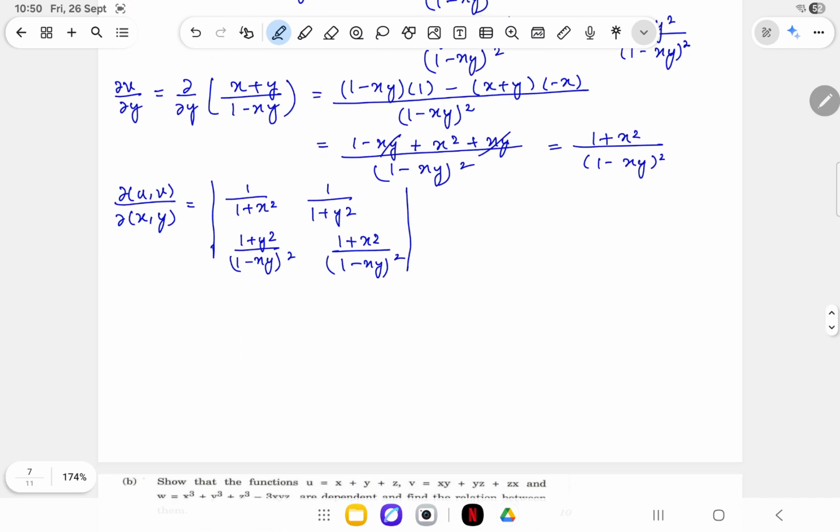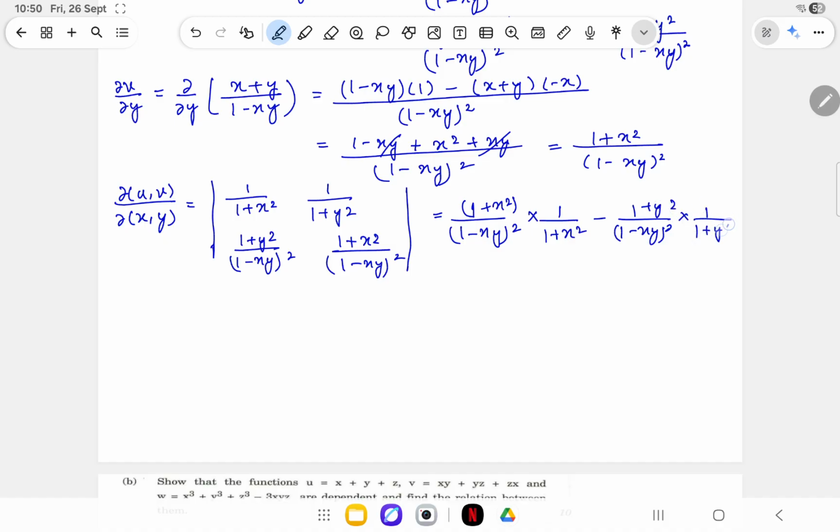Now if I just solve it, I'll get basically 1 by (1 minus xy) square into (1 plus x square) into 1 by (1 plus x square) minus 1 by (1 minus xy) square into (1 plus y square) into 1 by (1 plus y square). So this term balances out this, and likewise this balances out this, so we are left with our Jacobian basically 0. So this is 0, so we can say that u and v are functionally related.